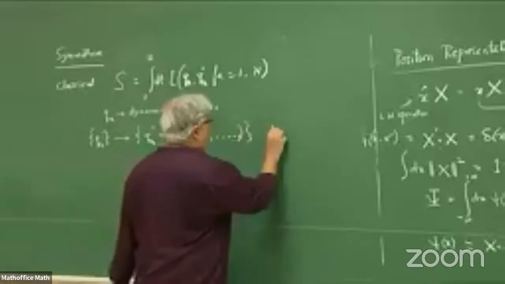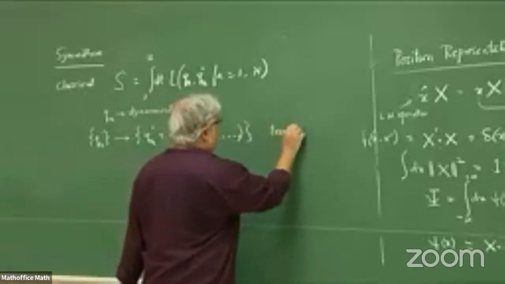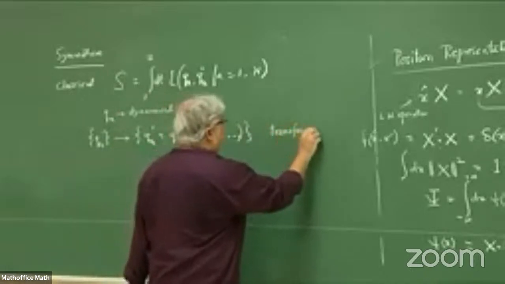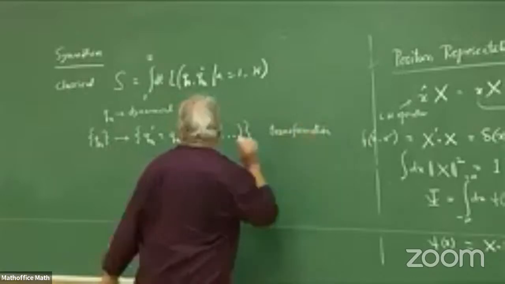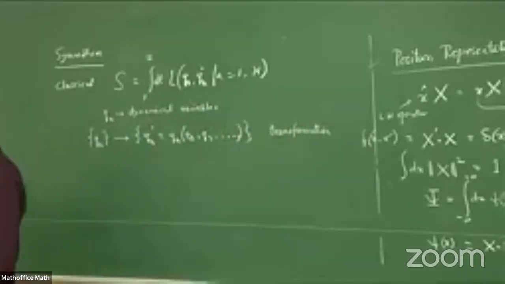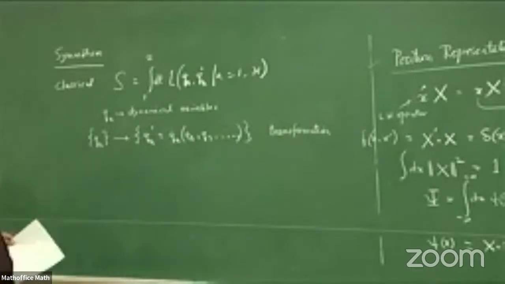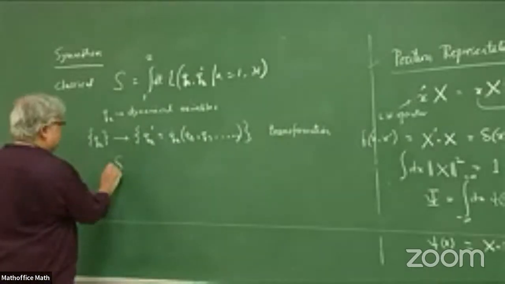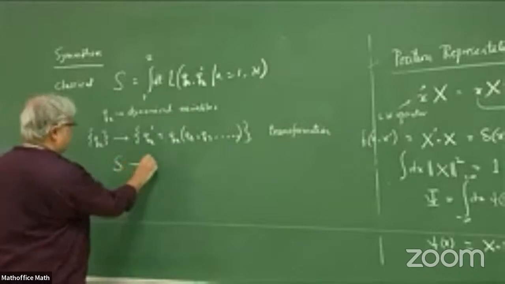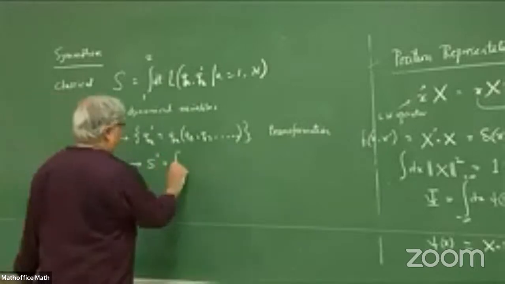This is called a transformation of fields. A trivial example is a shift. In that case, what happens to S? S will go to S prime.